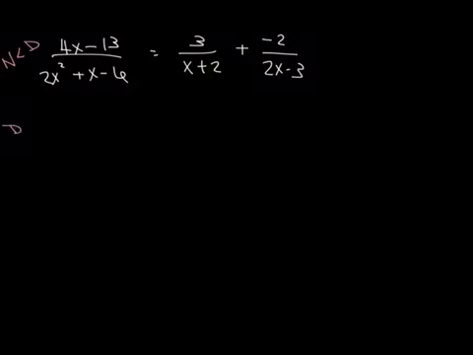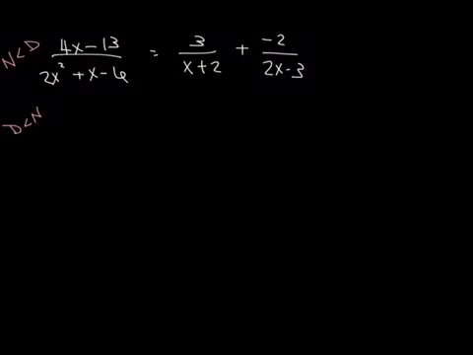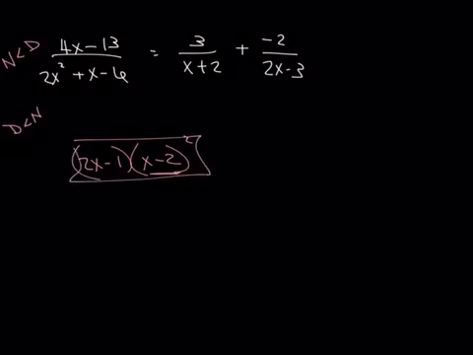Then, when the denominator is less than the numerator, or if one of the factors is of a higher power. So if we have 2x minus 1, and this is our denominator, let's say, and this second factor here is squared, there's a certain method in order to solve if that's the case.